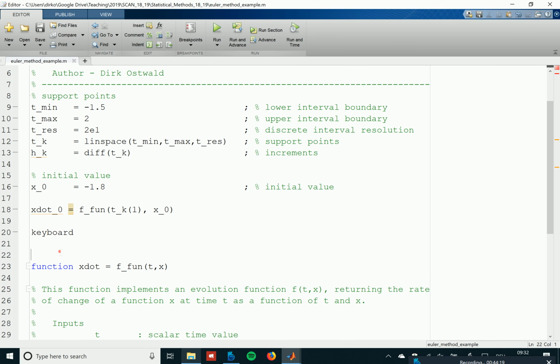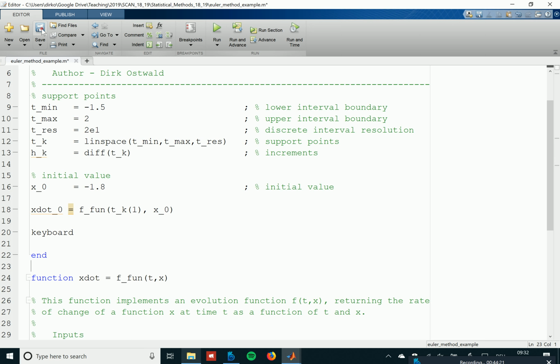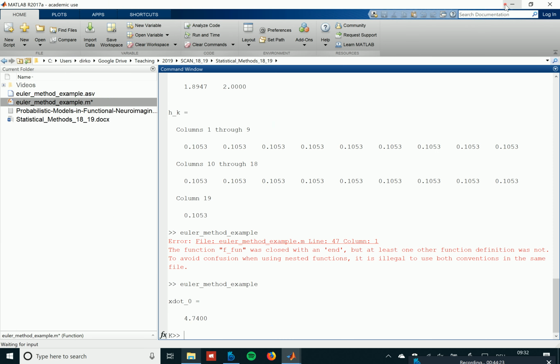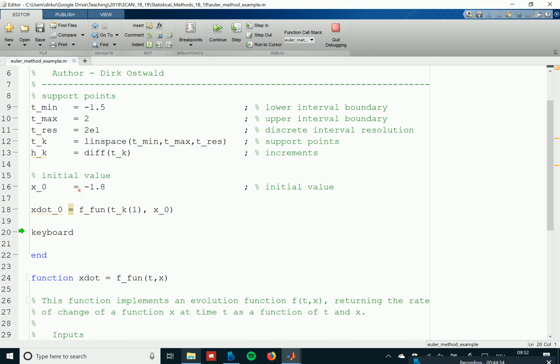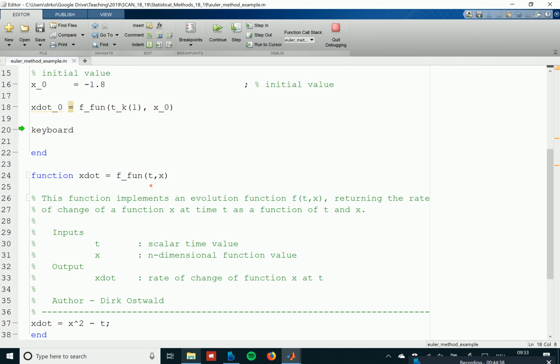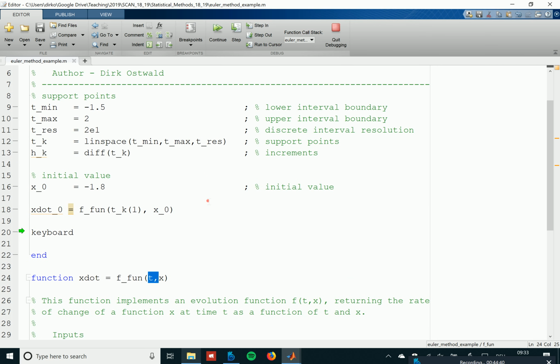We're missing an end. So we get 4.7, which looks a little bit like, it's definitely positive, what I have on this plot there. Now, that's good. So we now can return things based on this function.